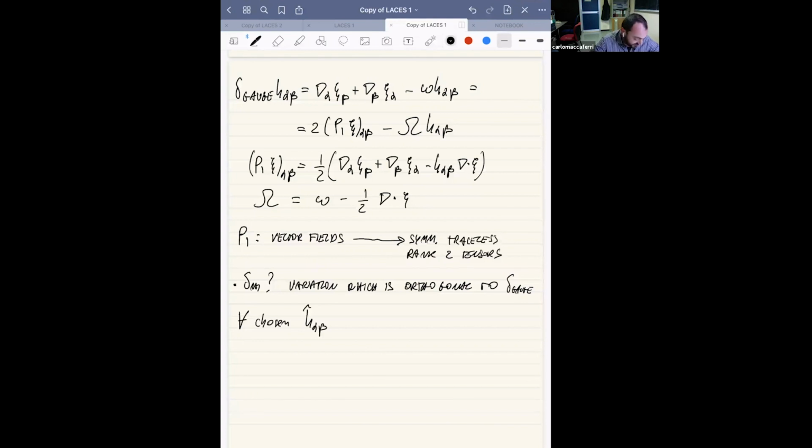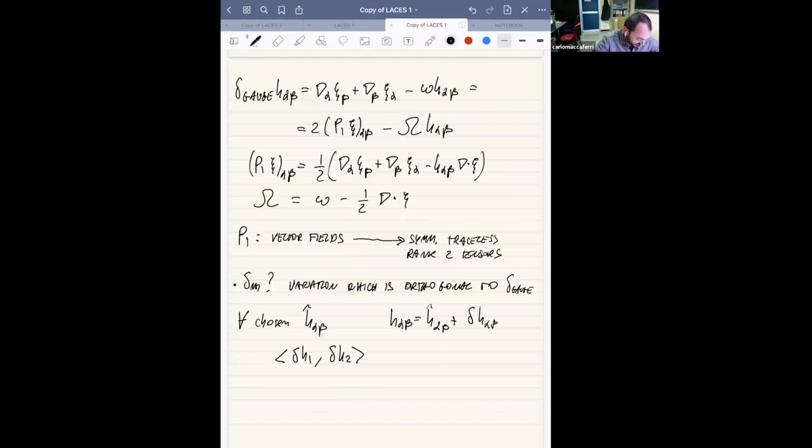The scalar product has this form: delta h1 comma delta h2. Delta h1 and delta h2 are just variations of this metric, so a generic metric will be written as some fiducial metric plus delta h alpha beta. These are two possible variations of this metric, and these two possible variations form a vector space, and this vector space has a metric on it.